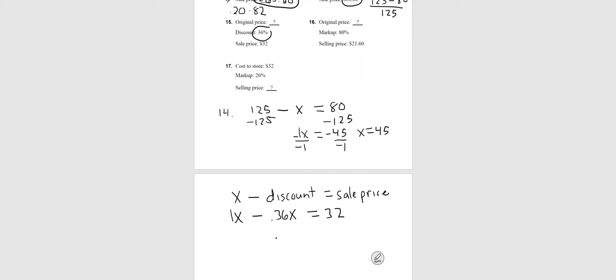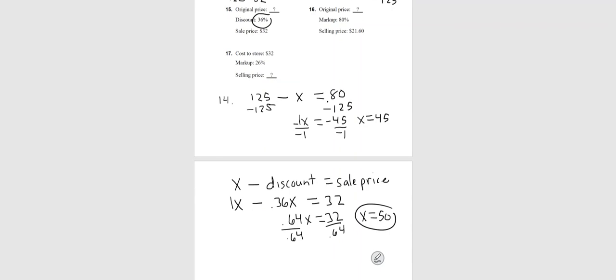So 1x minus 0.36x is 0.64 times x equal to 32. And then to solve for the x, we're going to divide by 0.64 on both sides. So if you take 32 and you divide by 0.64, you're going to get 50. So that means our original price is 50.